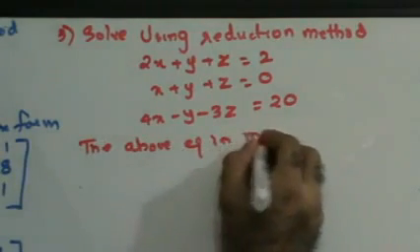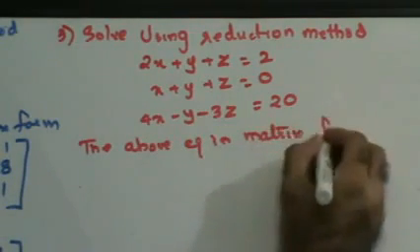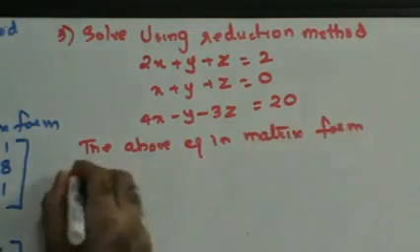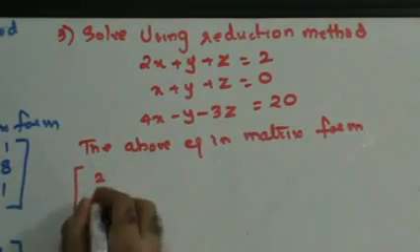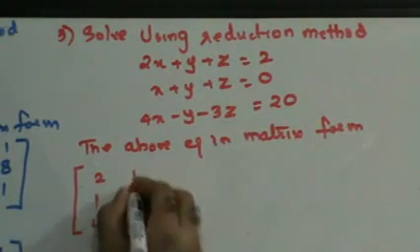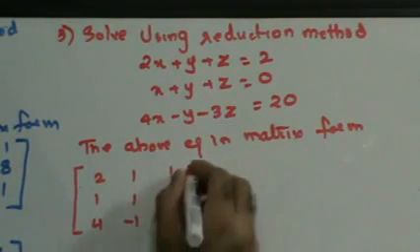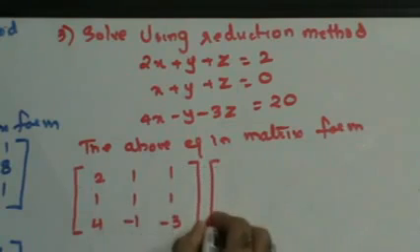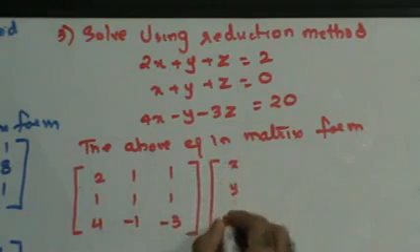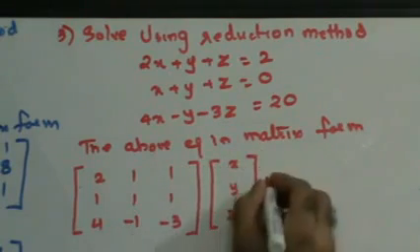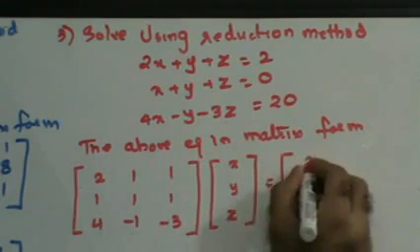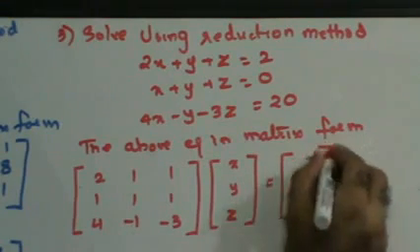in matrix form: 2 1 1, 1 1 1, 4 minus 1 minus 3, times x y z, equals 2 0 20.